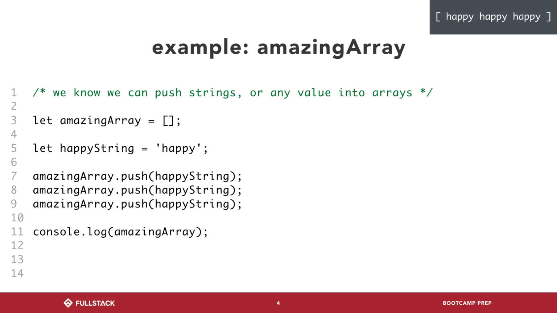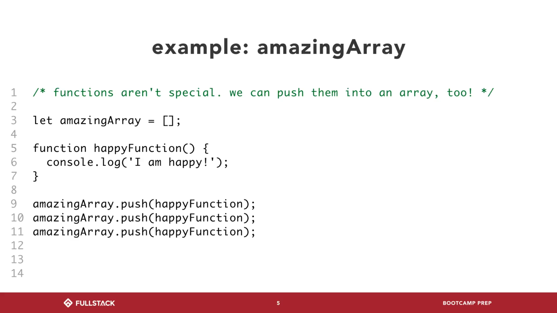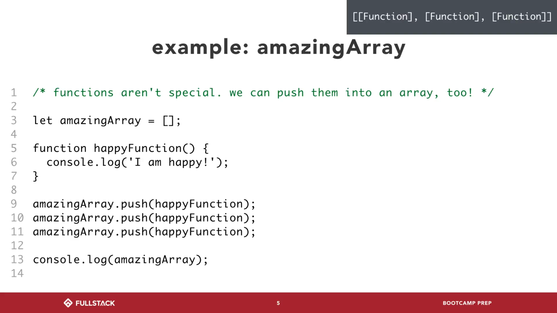Well, if I tell you that functions are just like any other data types in terms of how they're being passed and stored, we can also do something like this. We can actually add a function to an array. So now we have an array not of three strings, but of three functions.